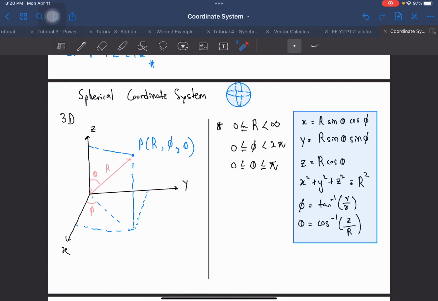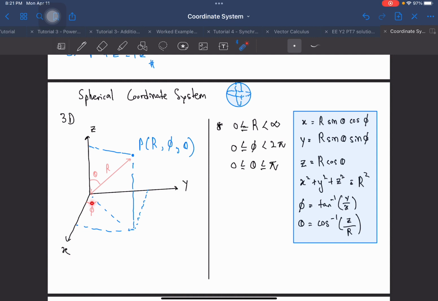Phi, as usual, is the angle formed between this and this. You map this r down into the x, y plane, and then this line forms an angle with the x axis. So this phi is actually the same as in the cylindrical coordinate system.